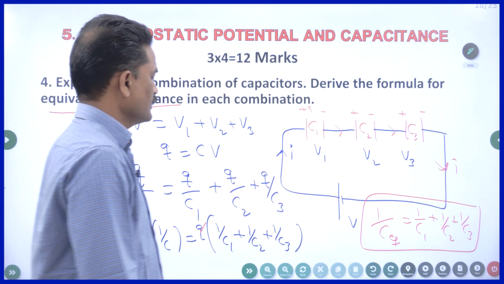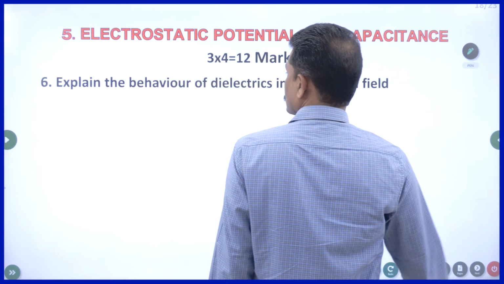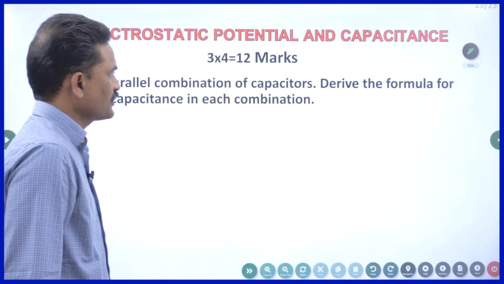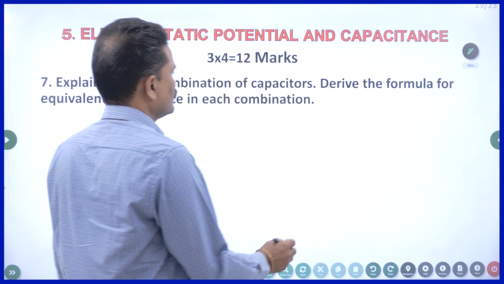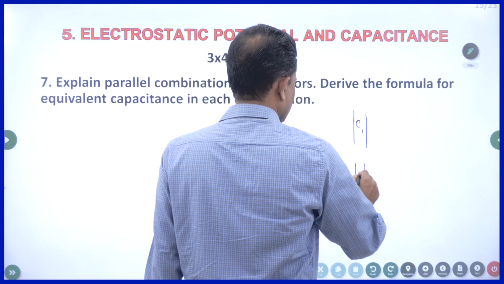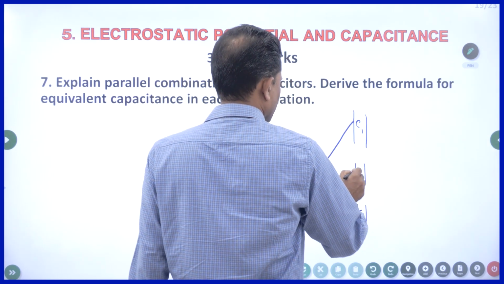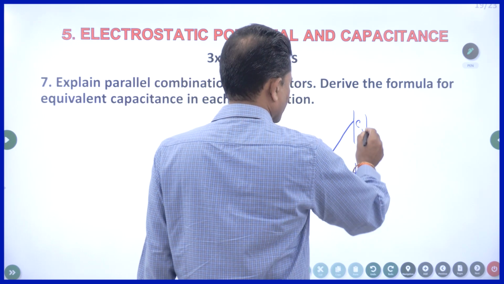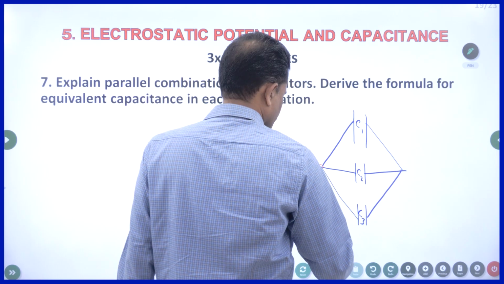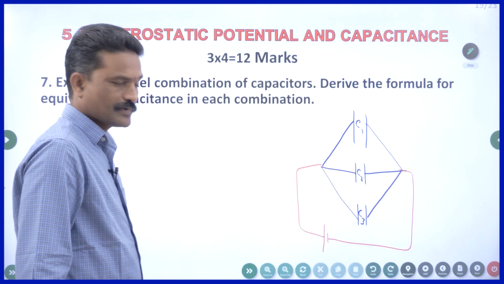Right. Next, we have parallel combination. Explain parallel combination of capacitors. So, just now I told you, take 3 capacitors of C1, C2, C3. All positive sides are connected to the same terminal of the battery, and all negative plates are connected to the negative terminal of the battery.